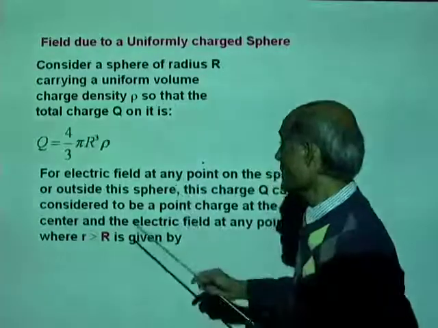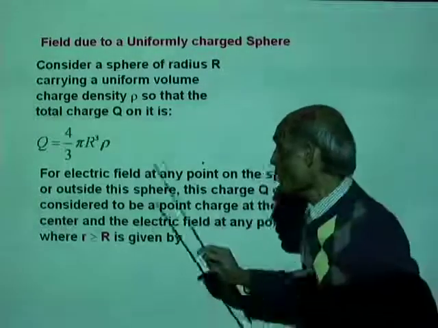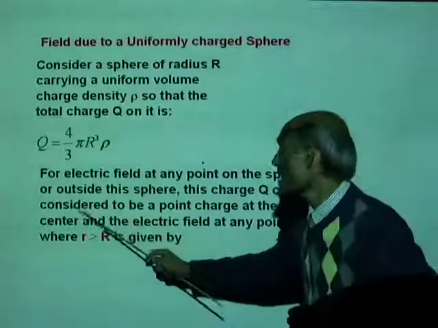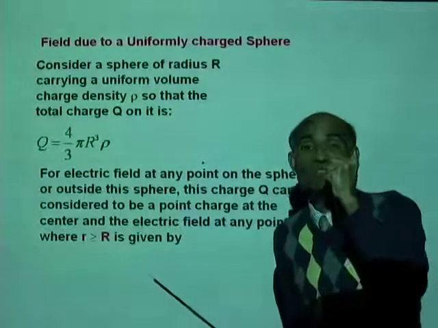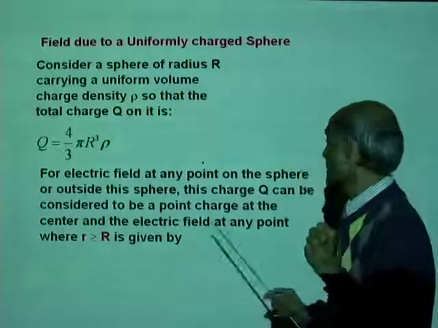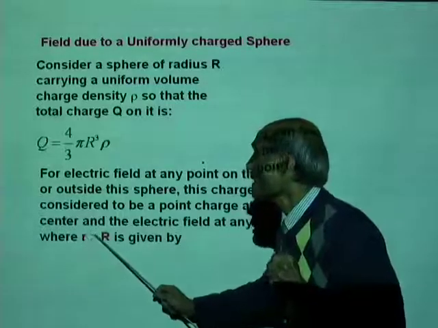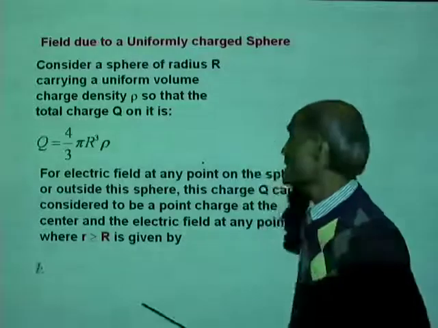In the same way, for electric field at any point on the sphere or outside the sphere, this charge Q can be considered to be a point charge concentrated at the center. And the electric field anywhere where r is greater than the radius is given by what equation?